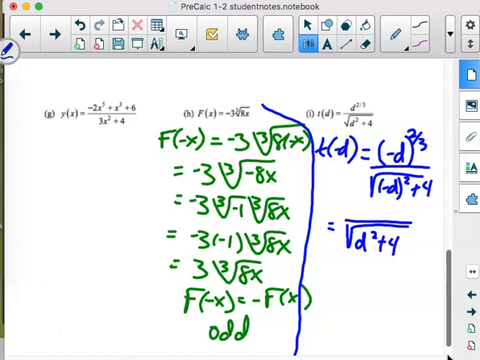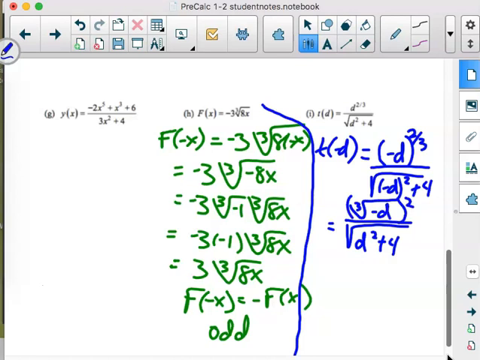To understand this one, we have to do something that we don't do a whole lot, and that is to take a rational exponent and change it into a radical so that we can see what it is. And that's because typically if we work with radicals, it's easier to make them fraction exponents. But with this one, we'd have to remember since the 3 is on the bottom, it's the root. So it'll be the cubed root of negative d squared that represents that.